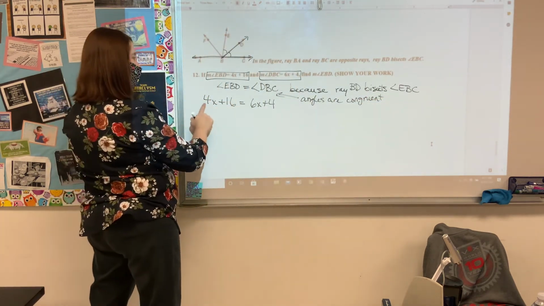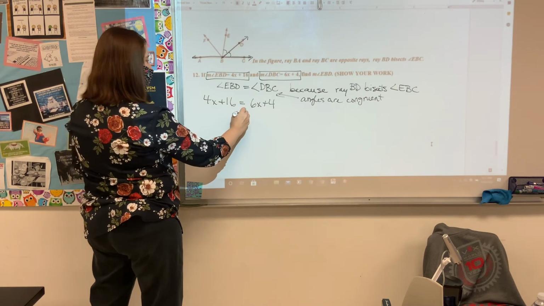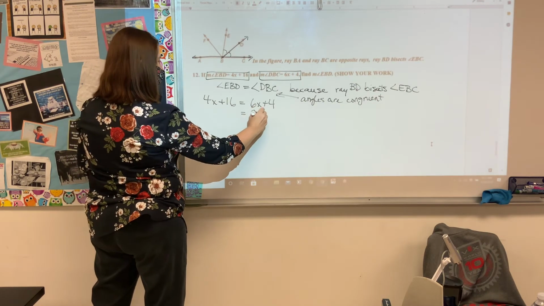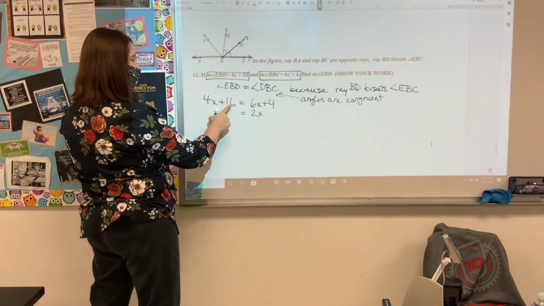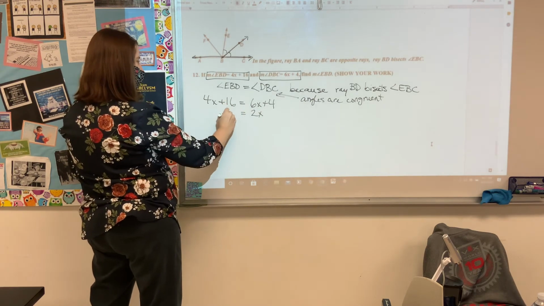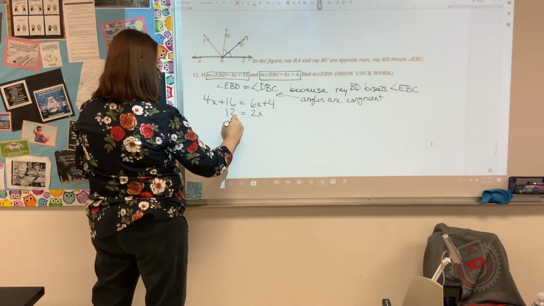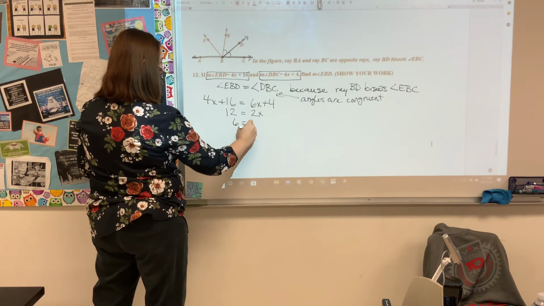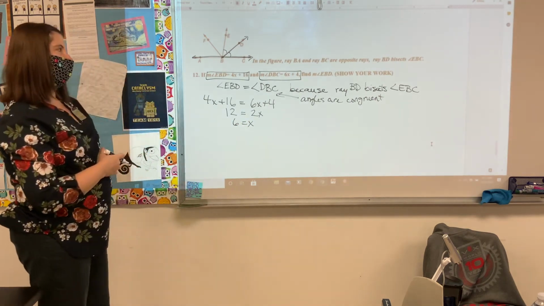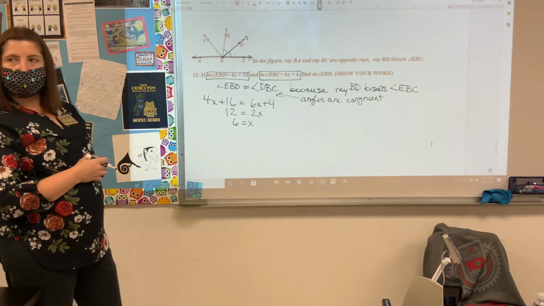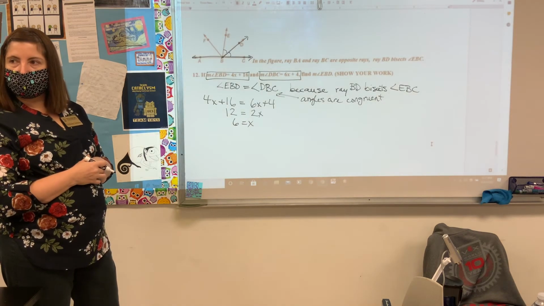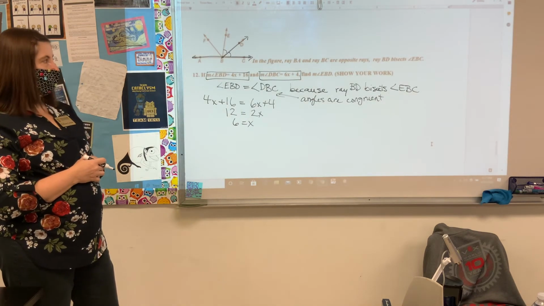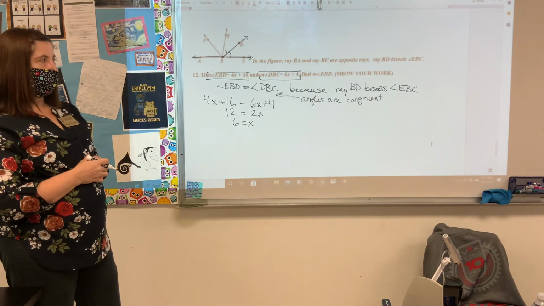So 4x subtracted from both sides, I'm left with 2x here. 16, I subtract 4, and I'm left with x equaling 6. Is that everything? Have I solved it?